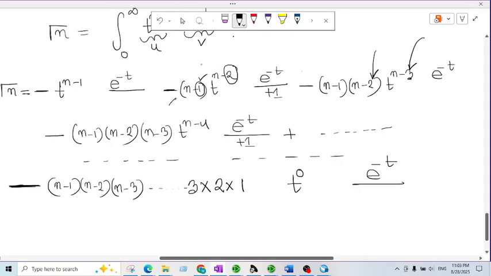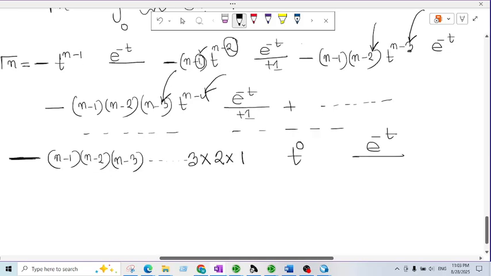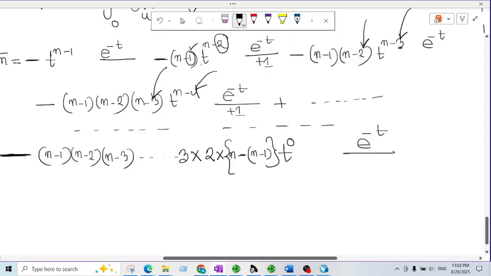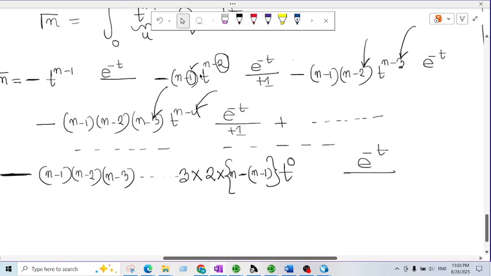Now this number is 3, and the next number after 3 is 4, which is over here. That means we can write this in a different way. We can write 1 like n minus 1, right?